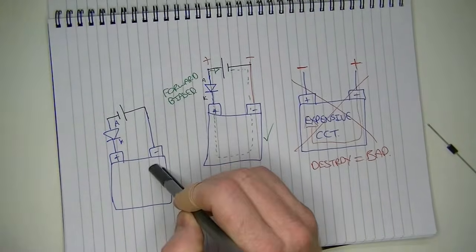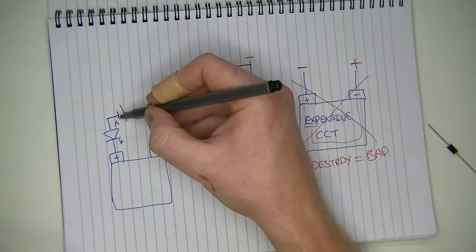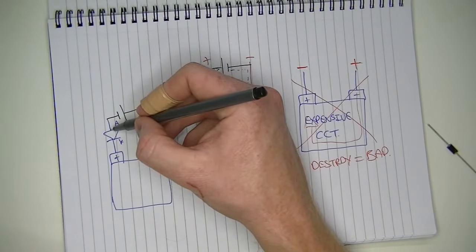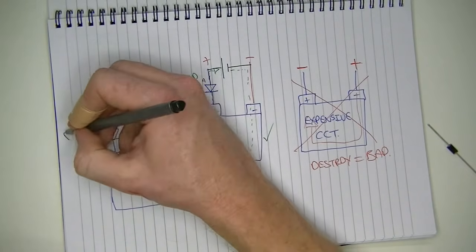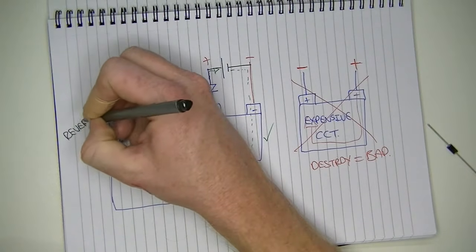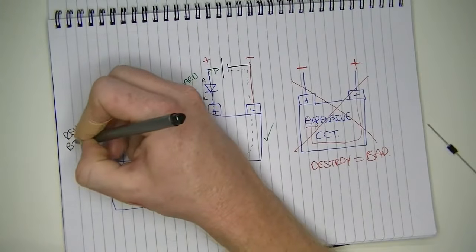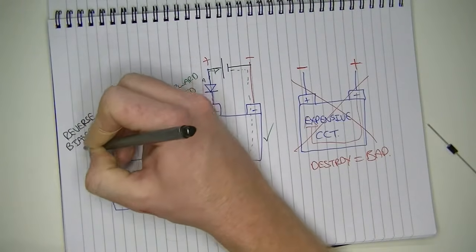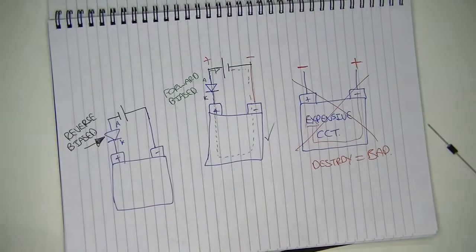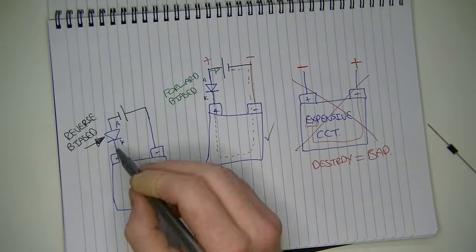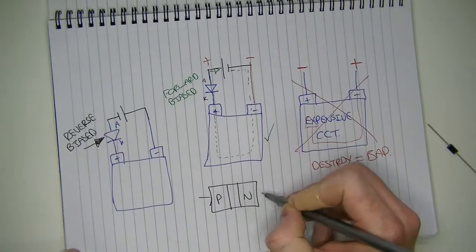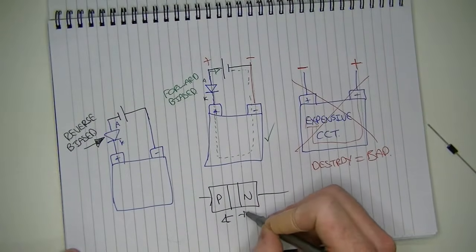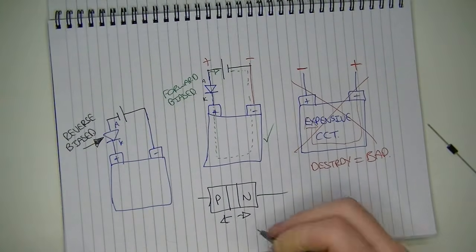Instead of destroying the device, all we've done is we have connected the negative to the anode, the positive through the circuit to the cathode, so we have reverse biased the diode. And if you recall from the previous tutorial, if we reverse bias it, looking internally, we are opening up the depletion region even more.